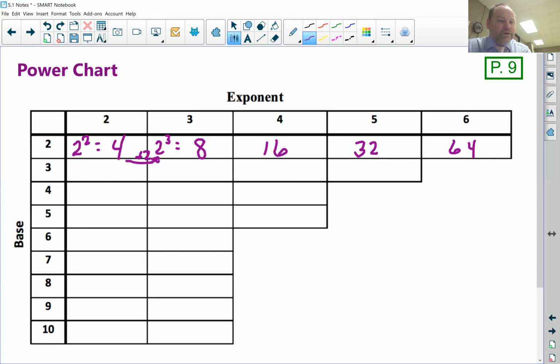3 squared is 9. And then if I multiply by 3, I don't want to put it on the bottom, sorry.